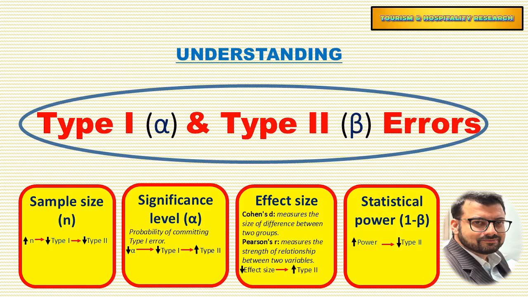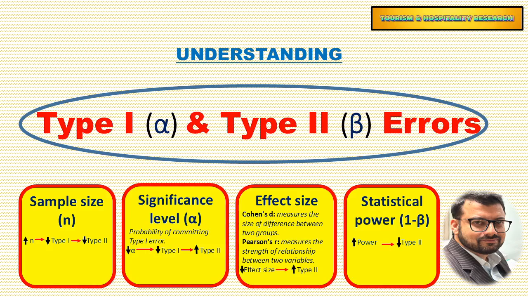I will be talking more about how to control these errors while you are determining your sample size through a well-known software which is known as GPower in the subsequent videos. Basically, GPower asks for significance level, effect size, and power.